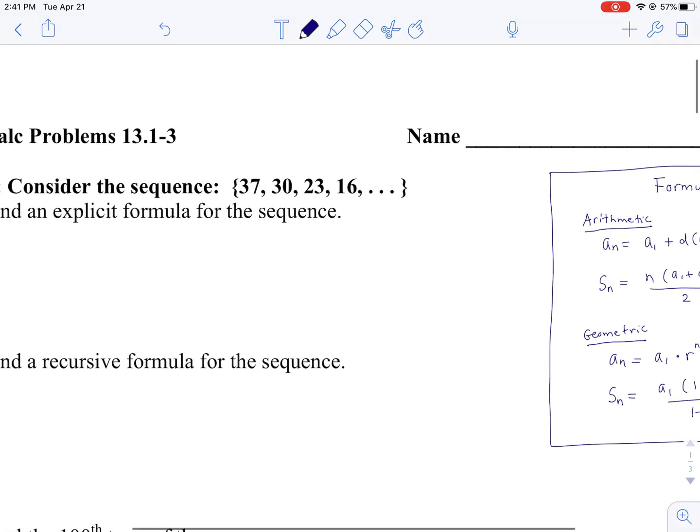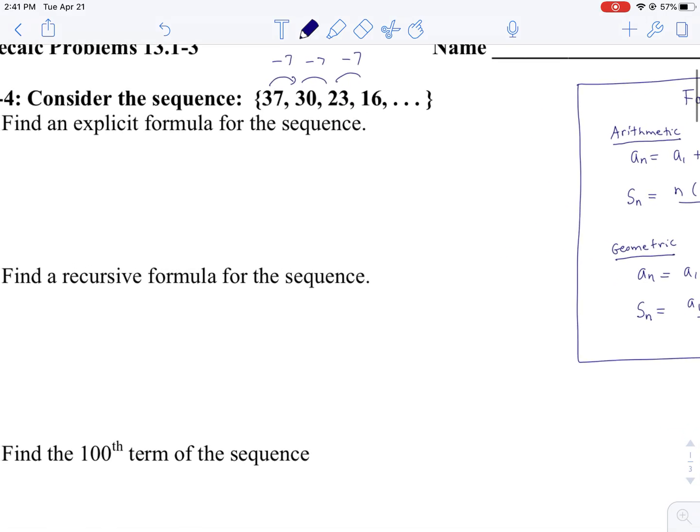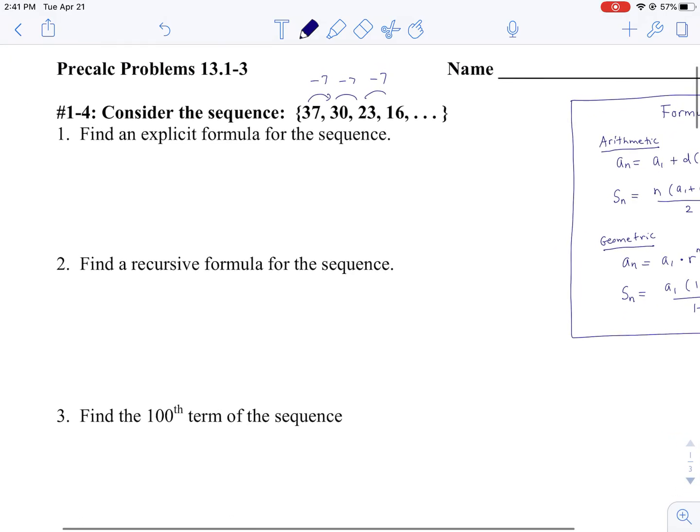Okay, so the first one says, write an explicit formula for the sequence. And if you look, I keep subtracting 7, right? A sequence is just a bunch of numbers in some kind of pattern. And if you're continuously adding or subtracting, that's, of course, arithmetic. So the nth term would be the first term plus the common difference, which is -7, times n minus 1.